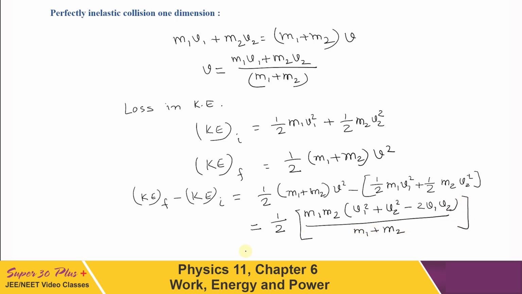On further solving, as you can see, v1 square plus v2 square minus 2 v1 v2 can be written as (v1 minus v2) whole square. So it comes to m1 m2 (v1 minus v2) whole square divided by (m1 plus m2). This is the loss in kinetic energy in a perfectly inelastic collision, but in one dimension only.